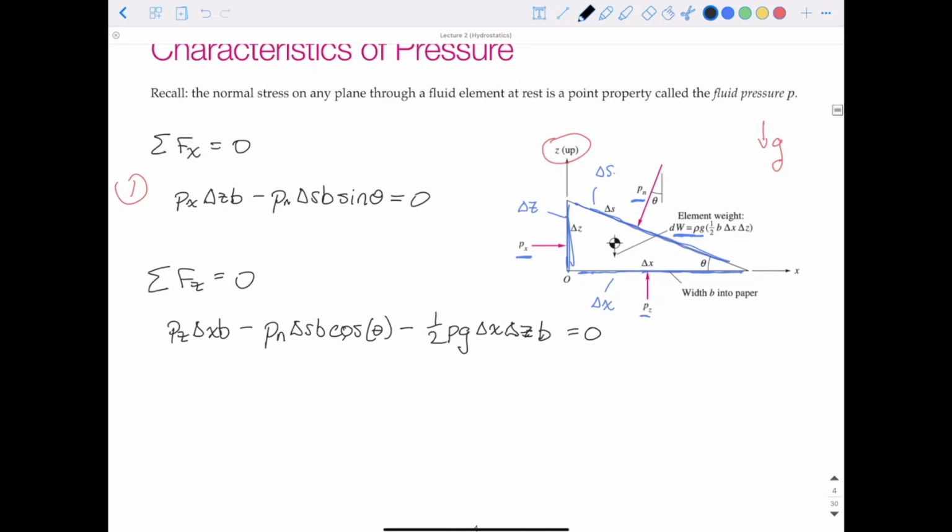So we have this delta S sine theta and delta S cos theta component that is kind of a nuisance, and we want to get rid of it.